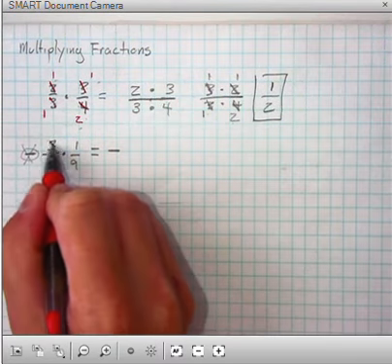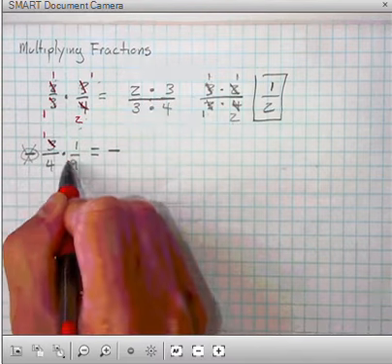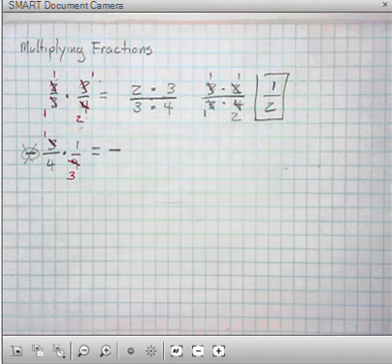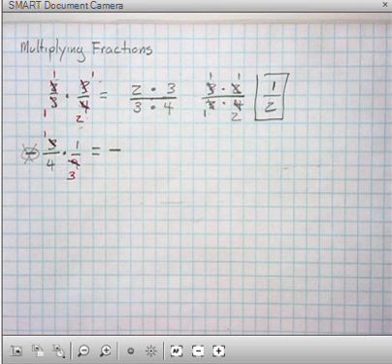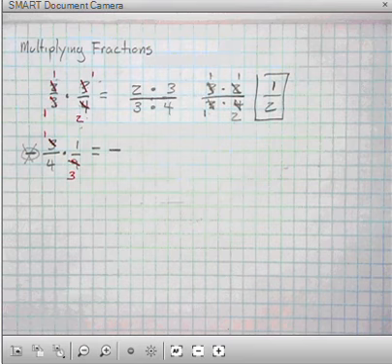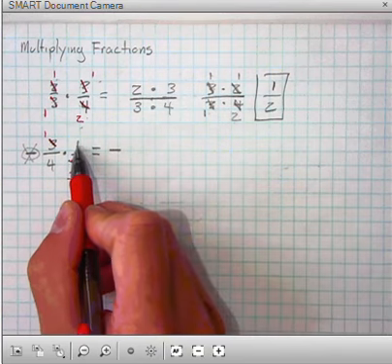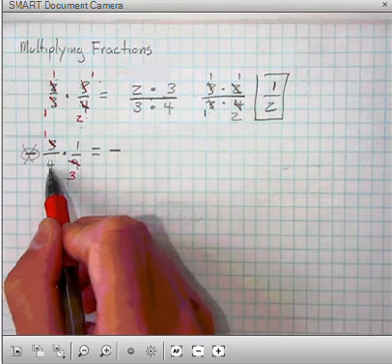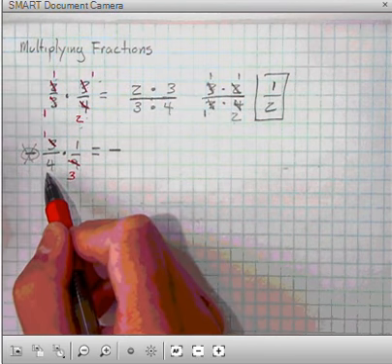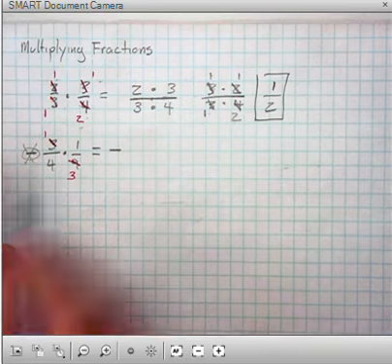I can cancel this. 3 goes into 3 one time. 3 goes into 9 3 times evenly. Is there anything else that I can simplify? I could look at the 1. 1 goes into 1 one time, 1 goes into 4 4 times, but it doesn't really simplify the problem. So this is all I can do right now.